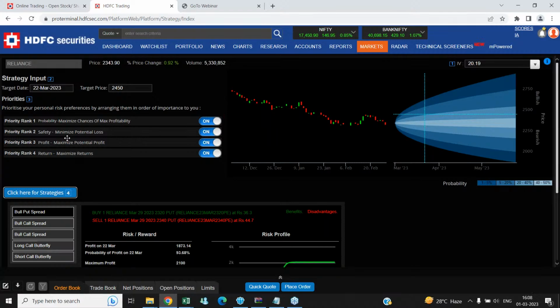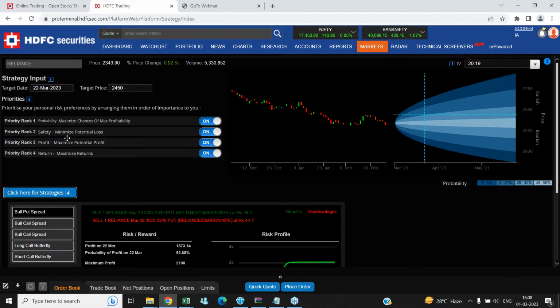There is no need to memorize all the strategies available in futures and options, because, as I told you, there are n number of strategies you can trade. With our Pro Terminal, we have simplified this: you just have to specify the target date and the price you are looking for in a particular stock.